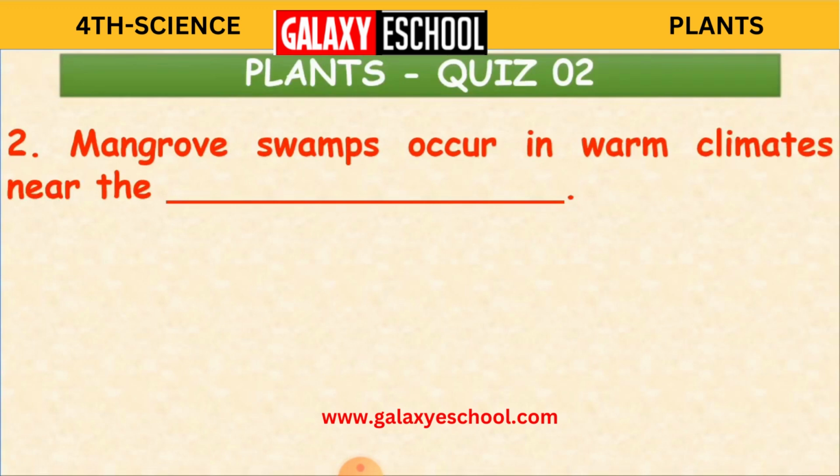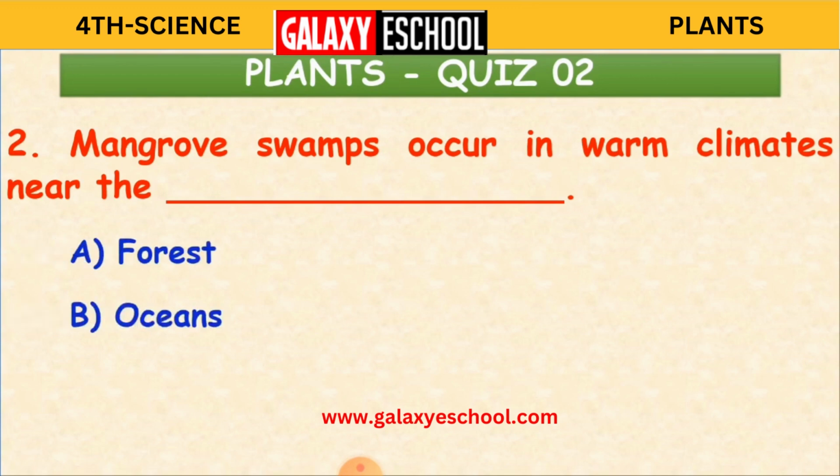The second one is, mangrove swamps occur in warm climates near the dash. The options are A forest, B oceans, C lakes, D rivers.